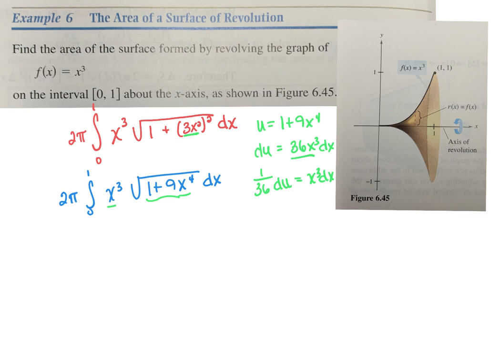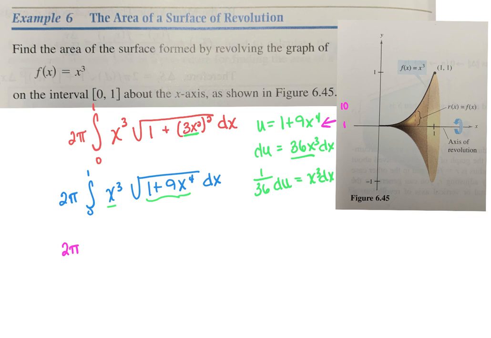And so if I do my u substitution, I would say 2 pi. And by the way, if you want to change your boundaries, you can. And then you don't have to go back to plugging your u back in. Do y'all remember that? So I can actually plug my 1 and 0 in here. And so I can say if I plug in a 0, that would give me a lower bound of 1. And if I plug in a 1, it would be an upper bound of 10.